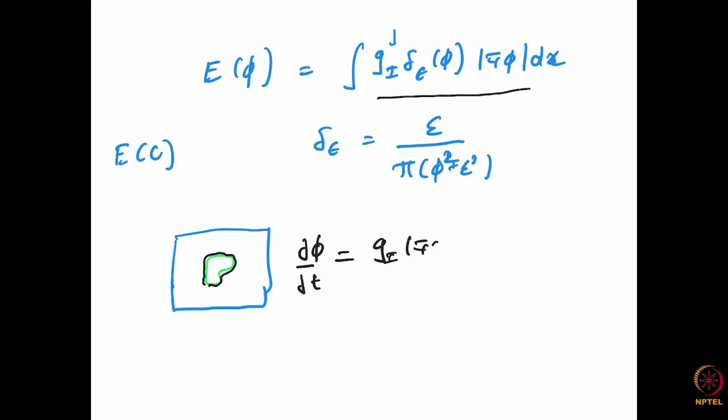And then gradient of phi, there is a kappa plus gradient of g I dot with gradient of phi. So this kappa is nothing but called the curvature, and we can write it as the divergence of the gradient of phi over its magnitude, in this particular case.